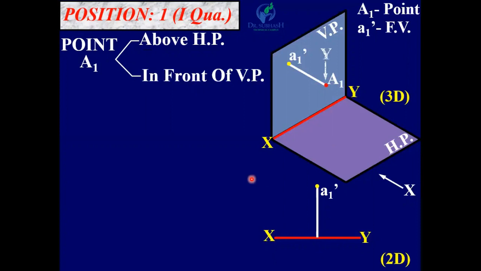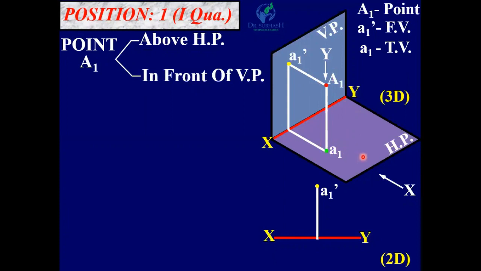Now looking from the top, in this Y direction, the projection of A1 is on HP and it is denoted by small a1. So a1 is the top view of this point. Top view is denoted by a small letter without a dash.